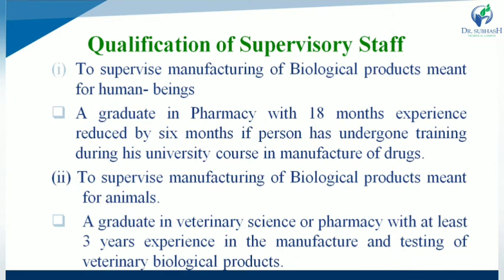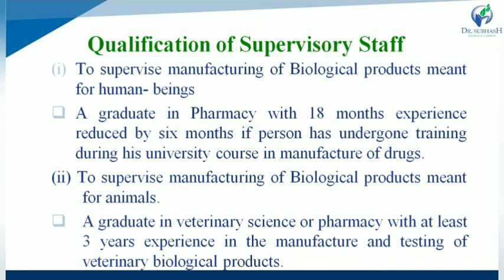First of all, a graduate in pharmacy with 18 months experience, that is reduced by 6 months if the person has undergone training during his university course in manufacture of drugs. That means what is the qualification? Graduate in pharmacy with 18-month experience is necessary, but the 18-month experience is reduced by 6 months if the person has training during his university course in manufacturing of drugs.